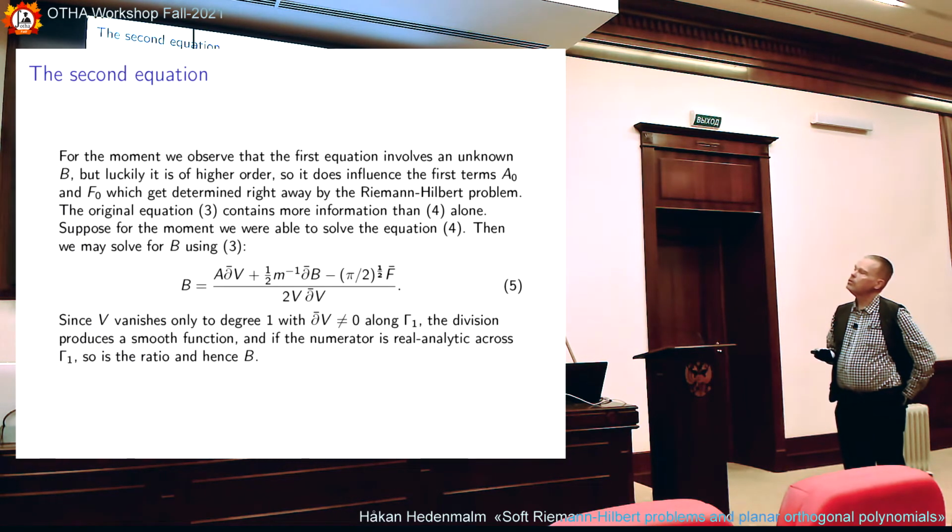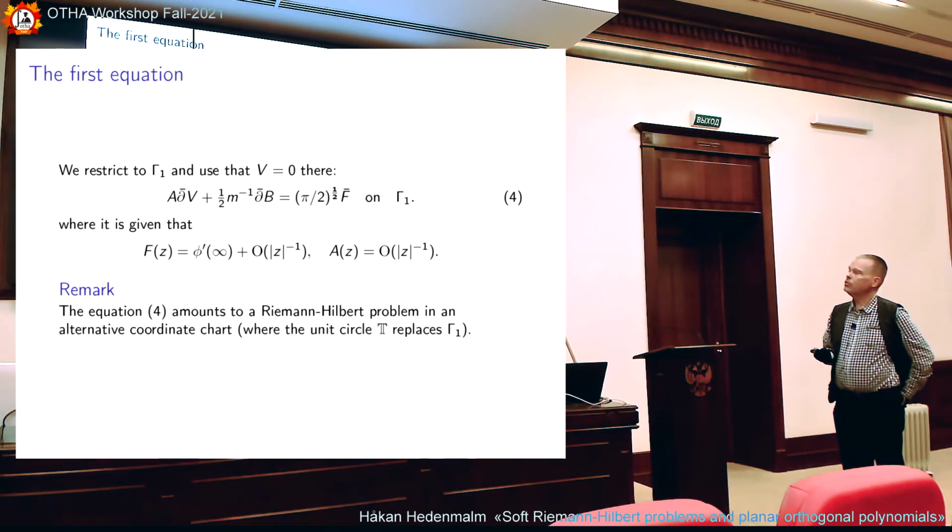And now, how do we solve for B? You see this equation here. I told you that we can think of it as a Riemann-Hilbert problem to get A and F out of this equation if we know B. But how to get B?